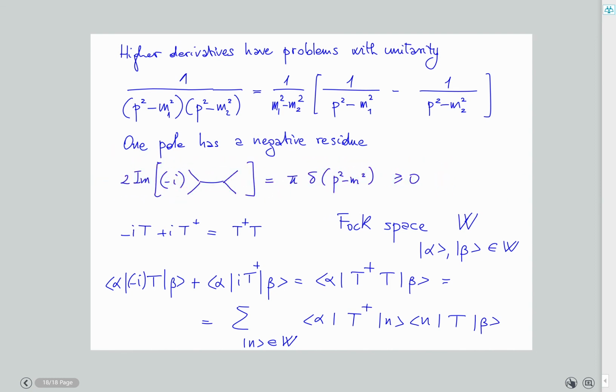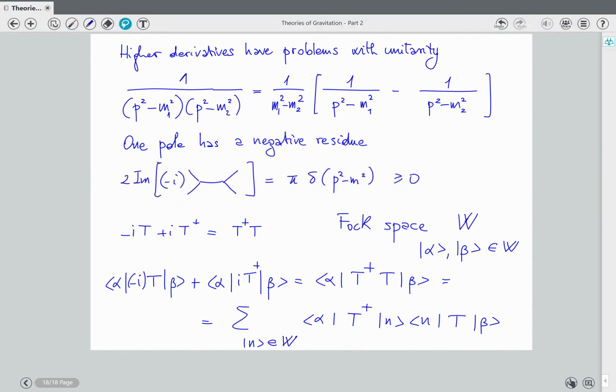So if now you take this propagator, you will get what? You will get pi divided by m1 squared minus m2 squared times delta of p squared minus m1 squared minus delta of p squared minus m2 squared.